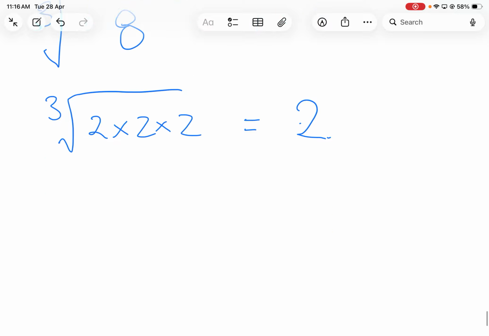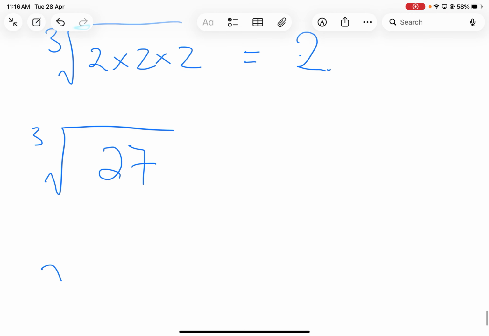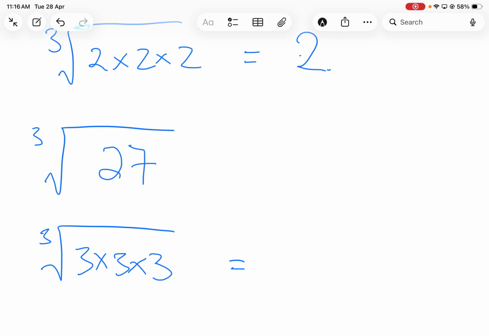Meaning, 27 is made up of 3 times 3 times 3. That's why when I cube root it, it becomes 3. Okay?